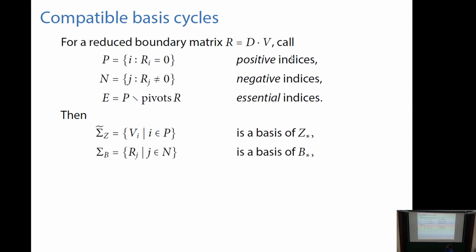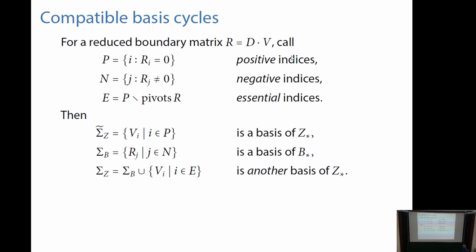On the other hand, the reduced columns that are non-zero form a basis of the boundary. If you think what this reduction does, it really turns the boundary matrix into a bunch of linearly independent columns. But for homology, this is not convenient because the basis of boundaries is not a subset of the basis of cycles.